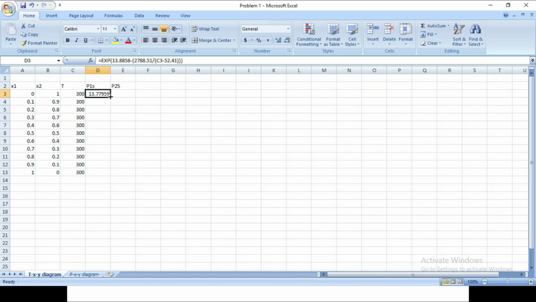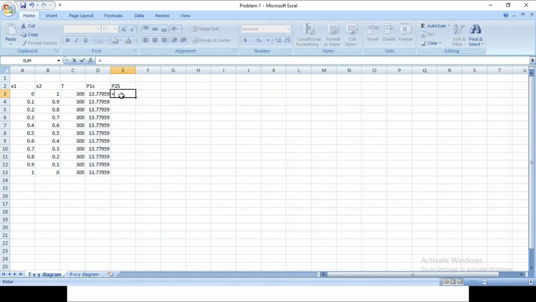Drag the formula to the entire column. P2s equal to exponential of 14.0045 minus 3279.47 divided by T minus 60.